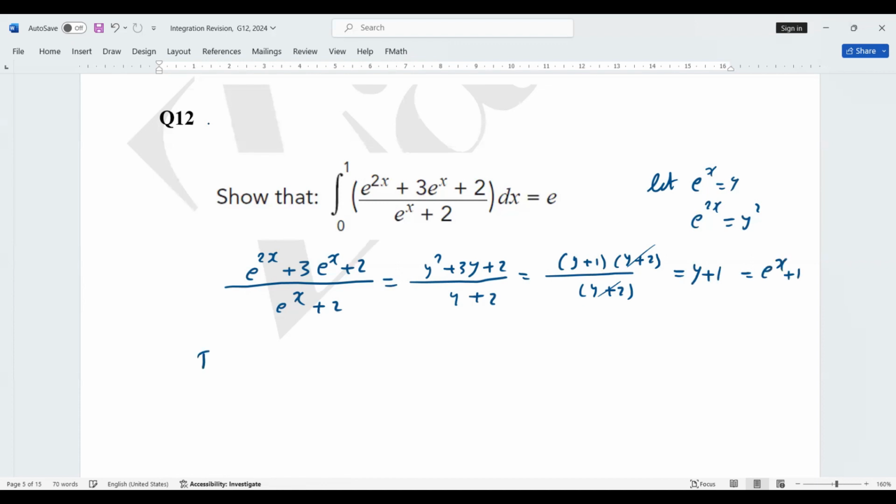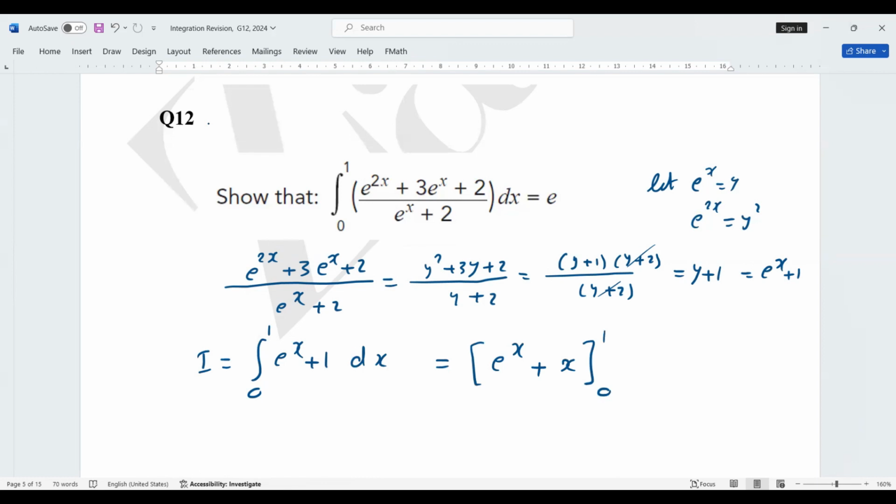Then the integration is from 0 to 1 of e^x + 1 dx. The integration of e^x is e^x, plus the integration of 1 is x, with the limits from 0 to 1.